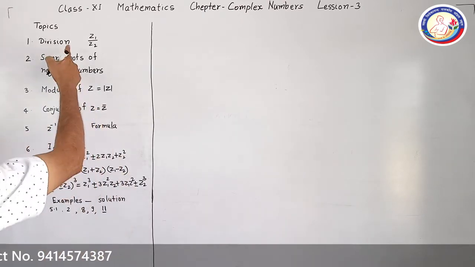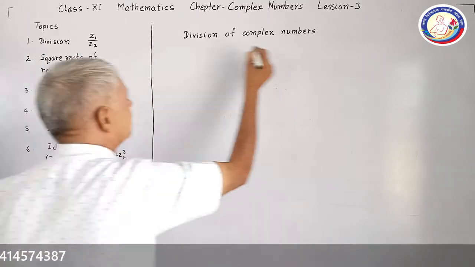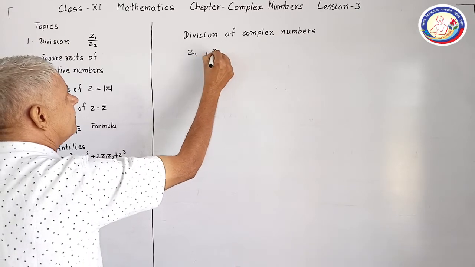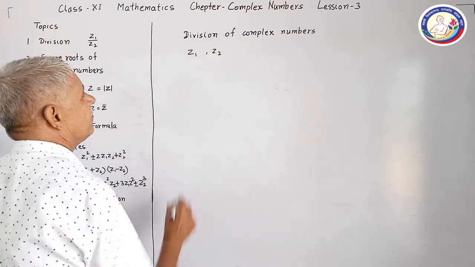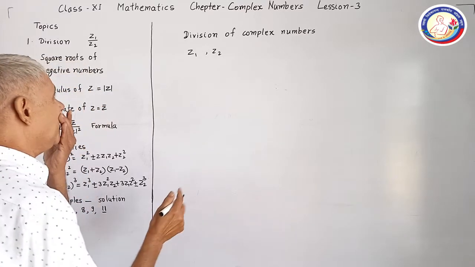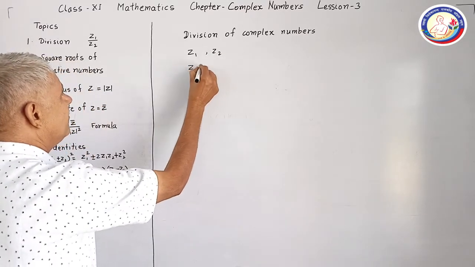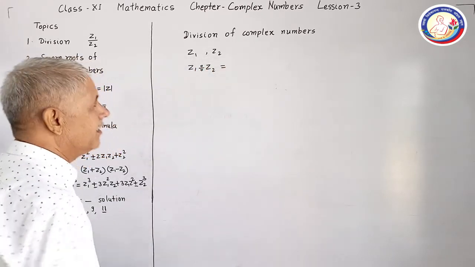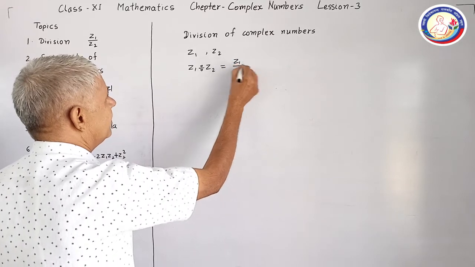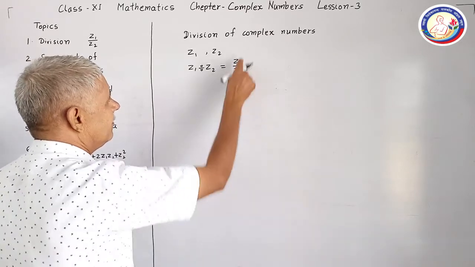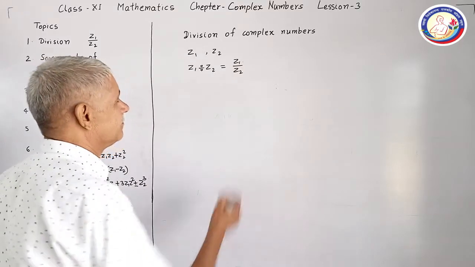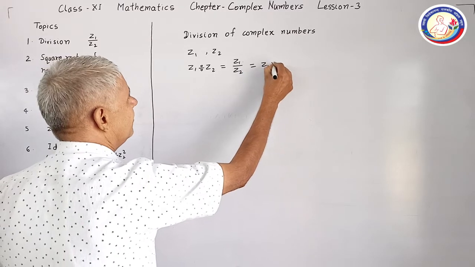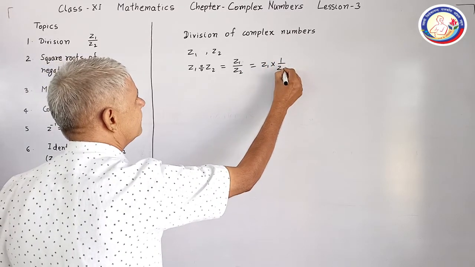First of all, division of complex numbers. Say Z1 and Z2 are two complex numbers. If we divide Z1 by Z2, we can write it as Z1 by Z2, or we can write it as Z1 into 1 by Z2.